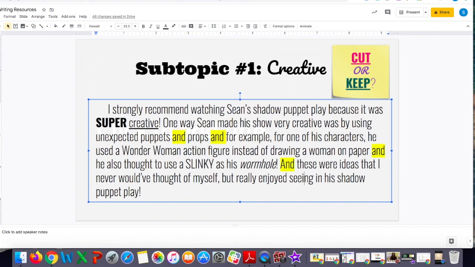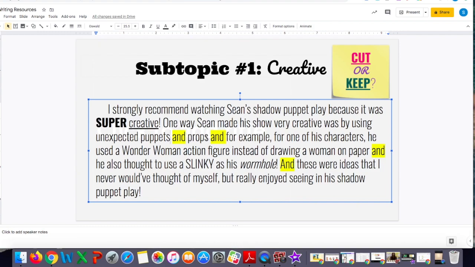One way Sean made his show very creative was by using unexpected puppets. If I add a period here after the word "puppets" where my cursor is blinking, that would make sense. But let's see if the one word that comes after the word "and" makes sense by itself. Props.